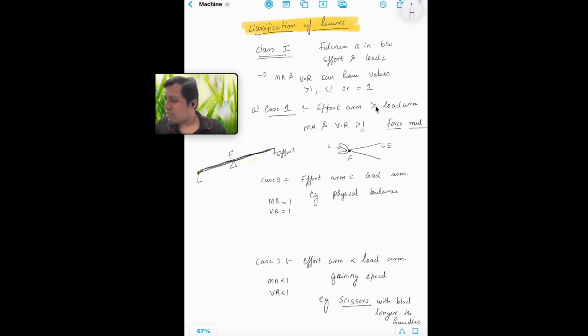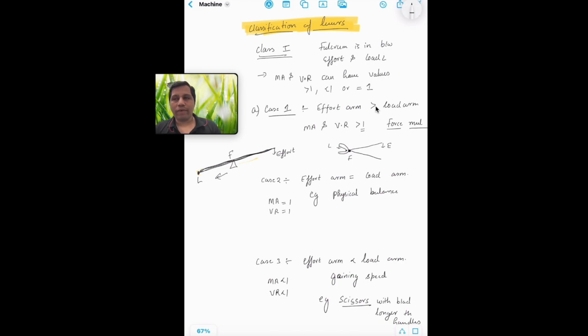So let's say this is the first case, where the fulcrum is placed near the load arm. When it is placed near the load arm, what will happen? The fulcrum is shifted towards the load arm, that means your load arm will become smaller. And when your load arm becomes smaller, what will happen to your mechanical advantage and velocity ratio?